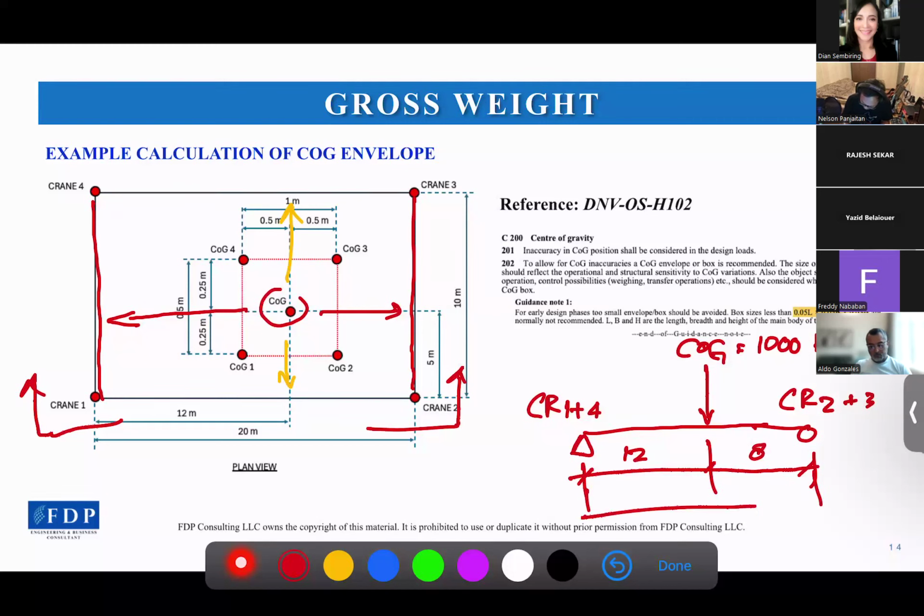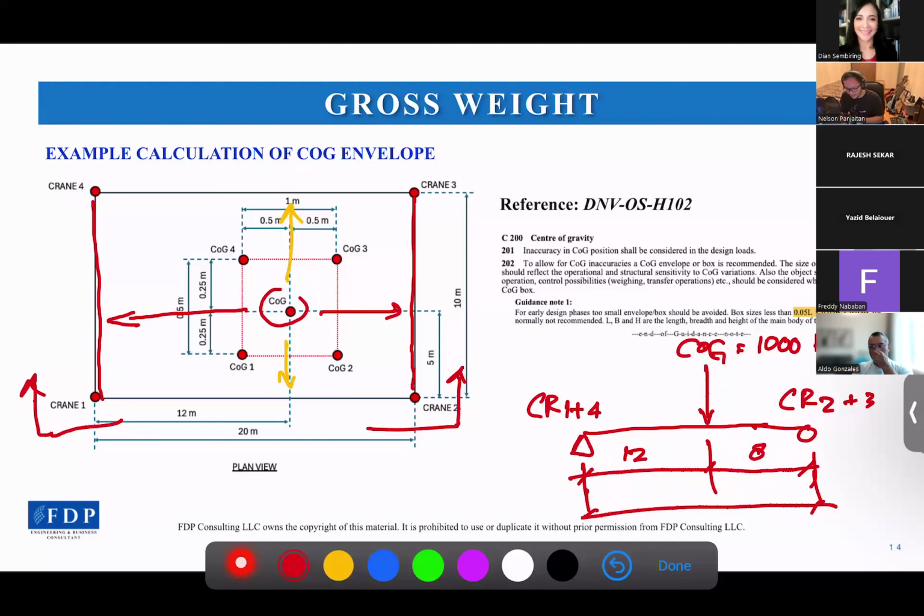So now we just simplify it by using a statically determinate structure. Now you can calculate the crane 1 and 4 reaction and the crane 2 plus 3 reaction.